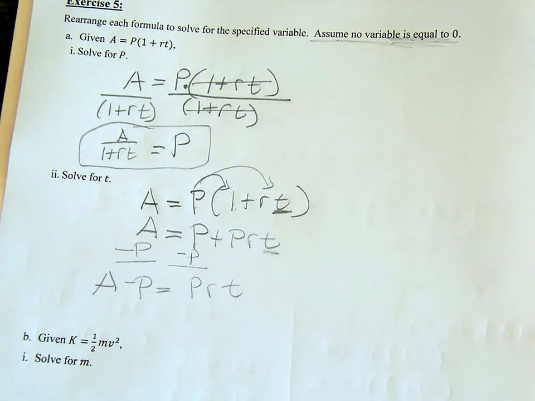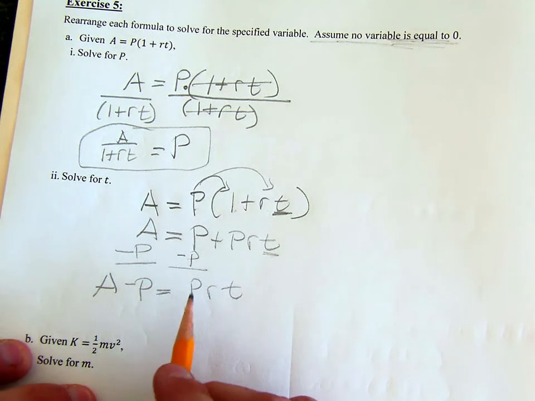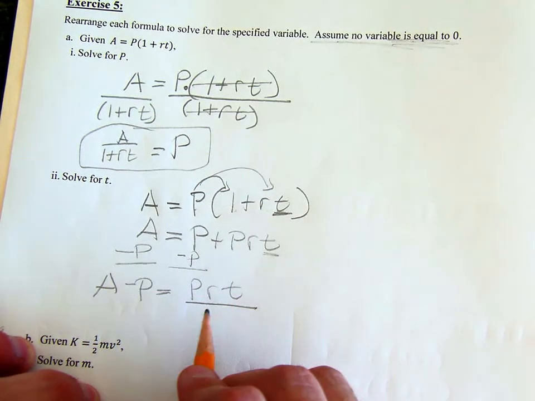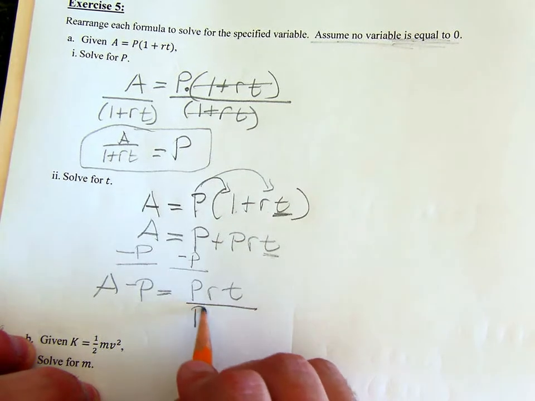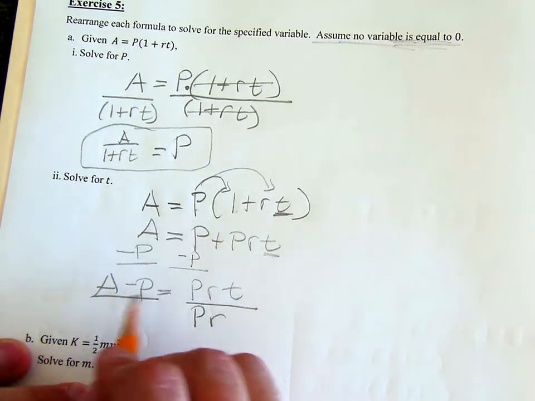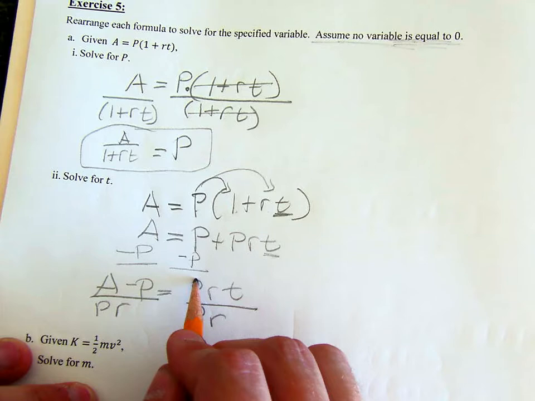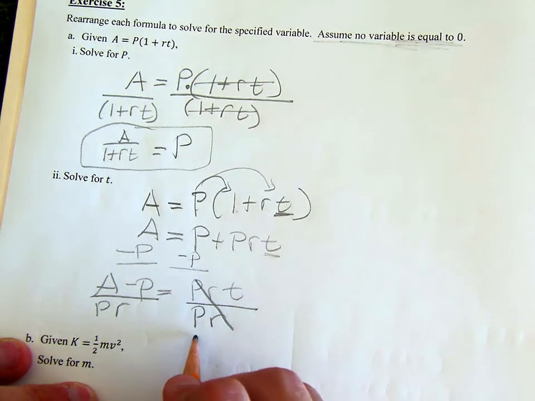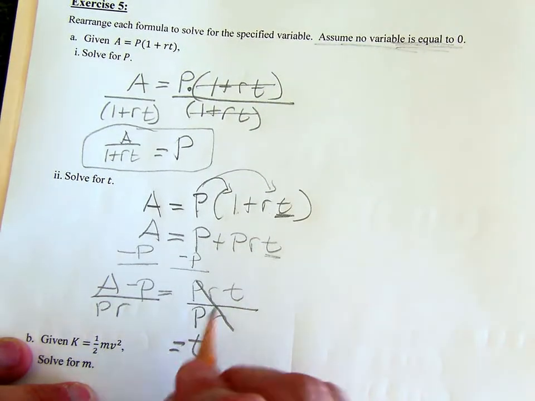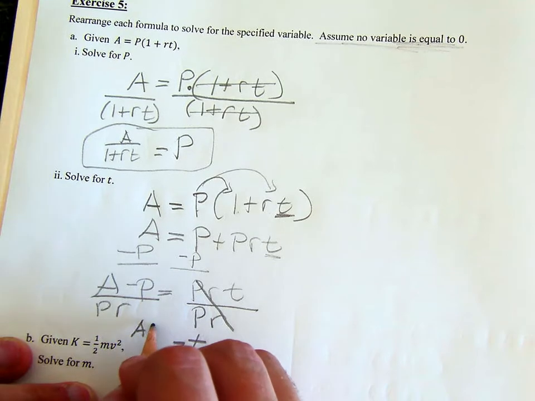Well, if we have P times r times t, we could just divide both sides by Pr. Then the Pr is going to cancel with the Pr. So we'll just get t is equal to (A minus P) divided by Pr.